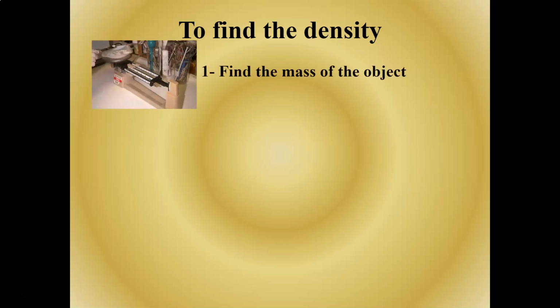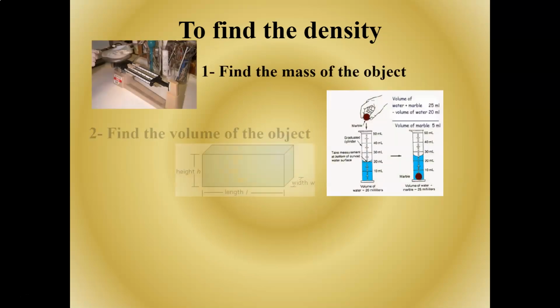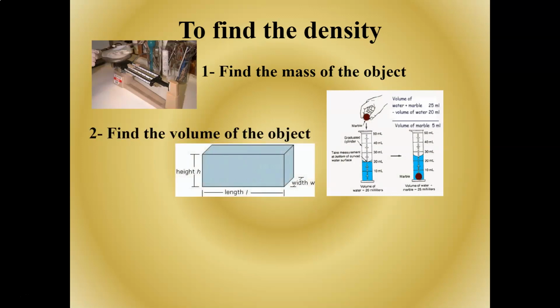float. Now, in order to calculate density, we need to know two variables. You need to know the mass of the object, and you need to know the volume of the object. And again, there are the two different ways we find volume. You can use length, width, and height, or water displacement, where you would read the volume of the graduated cylinder with nothing in it, drop your object in, and then read the volume of the graduated cylinder again, and simply subtract the two to find the volume of the object alone.